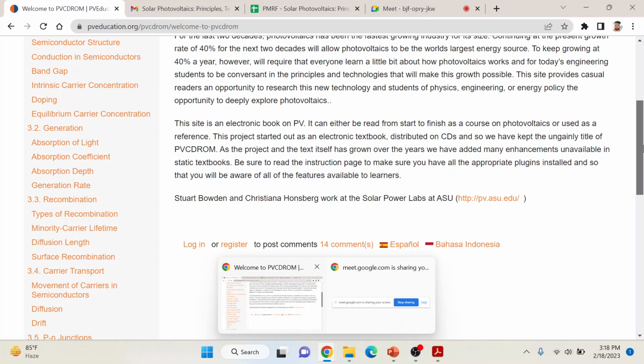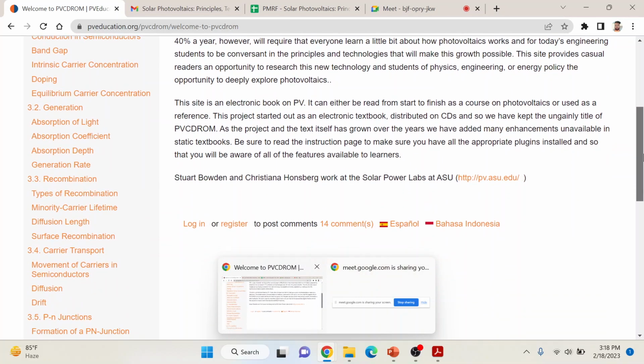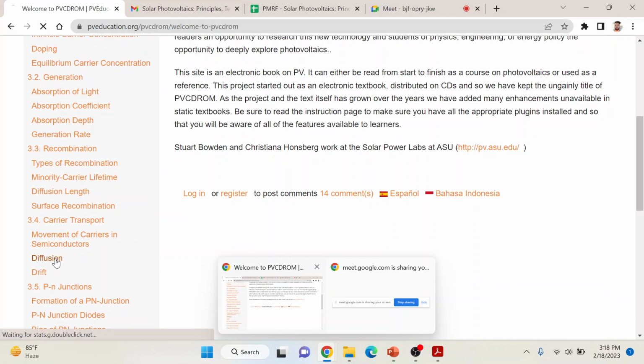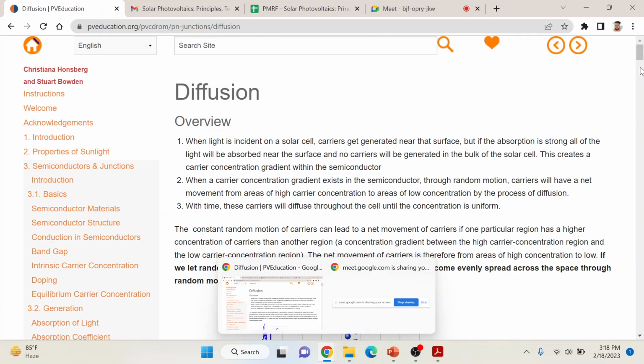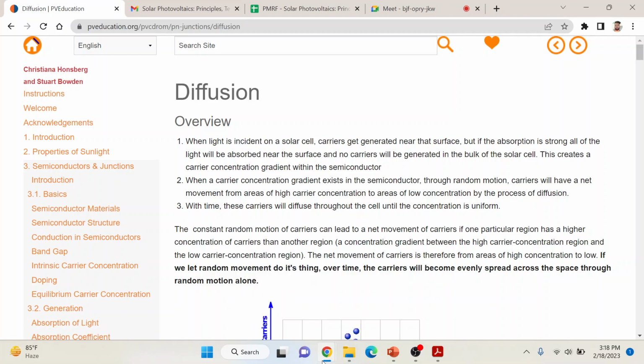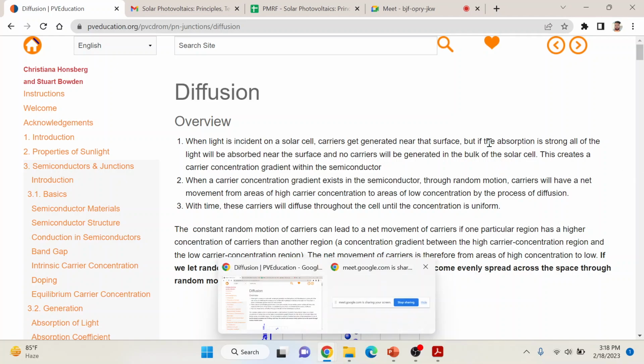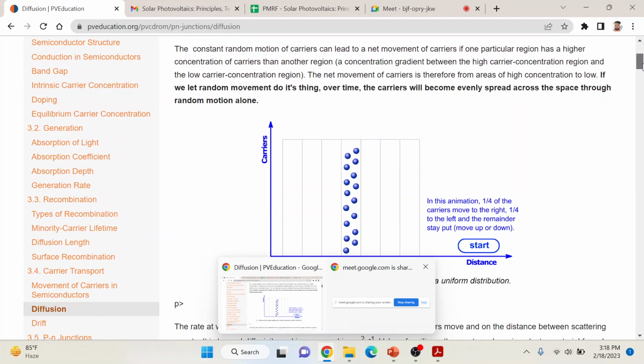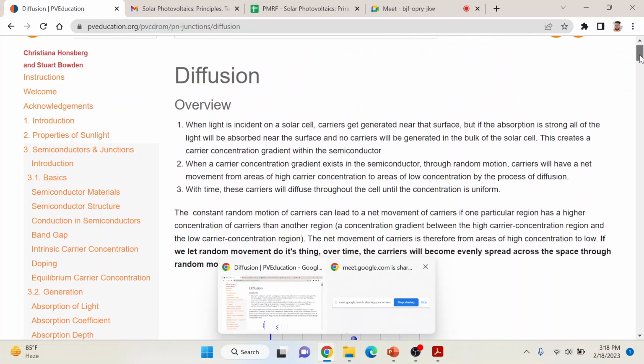If I can find it on the website, yeah, here it is. You can see what diffusion is. Are you able to see my screen? Yes. In the overview, when light is incident on a solar cell, the carriers get generated on the surface. This website talks in terms of a solar cell, but you can take any device.